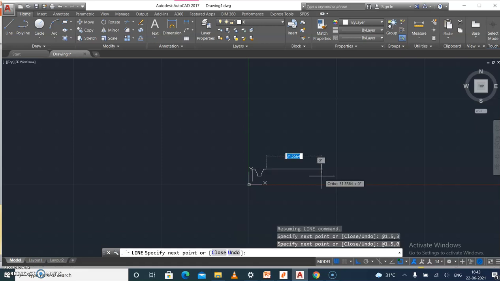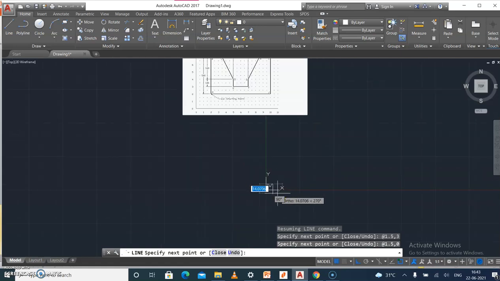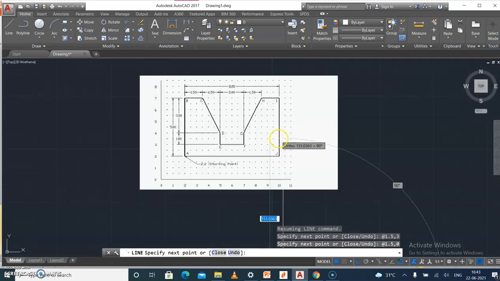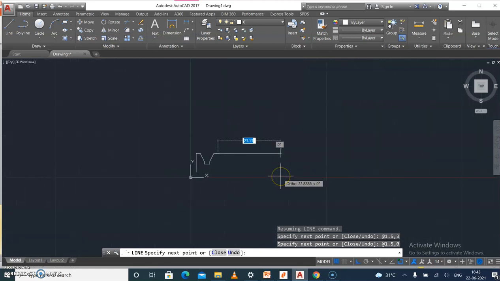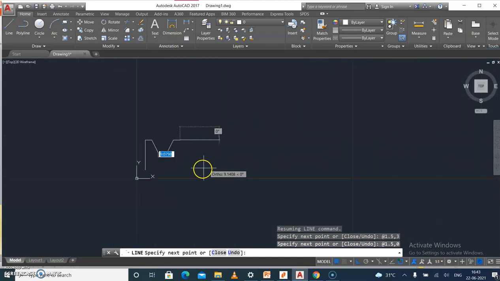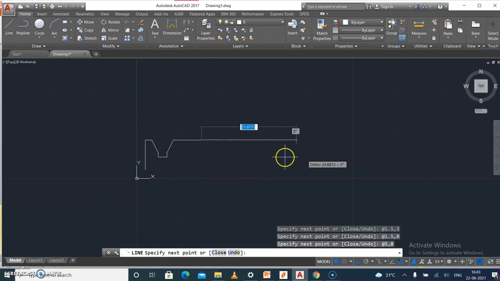Then for the J point, y-axis is 0 and x-axis is 1, 2, 3, 4, 5. So 5 comma 0. Enter. Then comma 5.